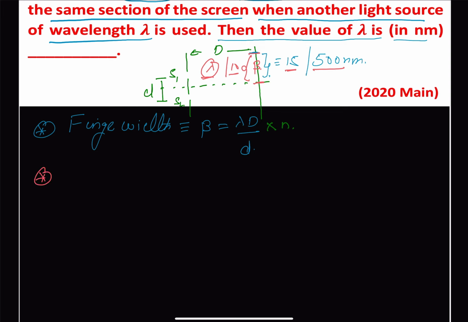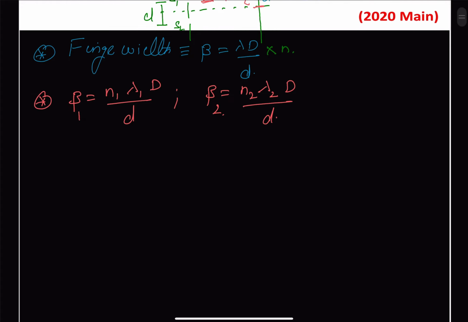In the first part we can write beta is equal to n1 lambda 1 capital D upon small d, and second we can write beta is equal to n2 lambda 2 capital D upon small d. Let me denote these as beta 1 and beta 2, but we know that beta 1 and beta 2 are equal.